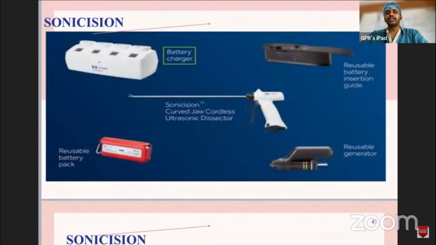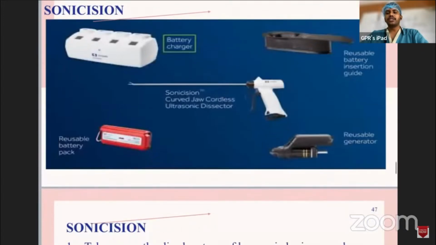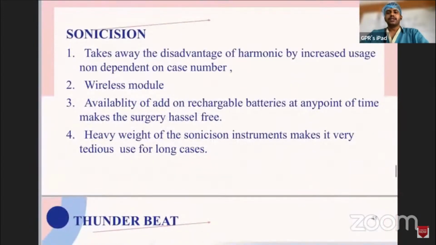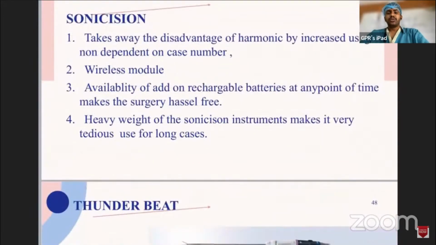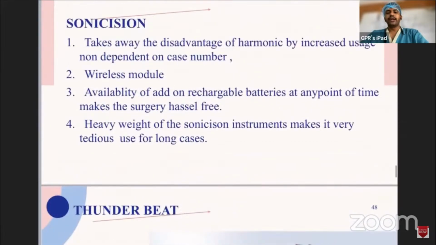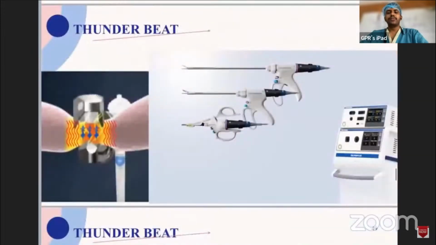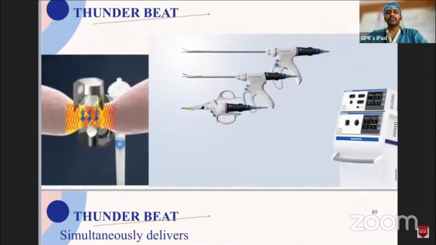These are disposable batteries, and the shears are strong, made of titanium. The only disadvantage is that it is heavyweight and very tedious to hold for longer cases. Whenever we feel like running out of battery, we can swap the battery then and there. So it doesn't depend on any external energy source, other than the battery to get into action.